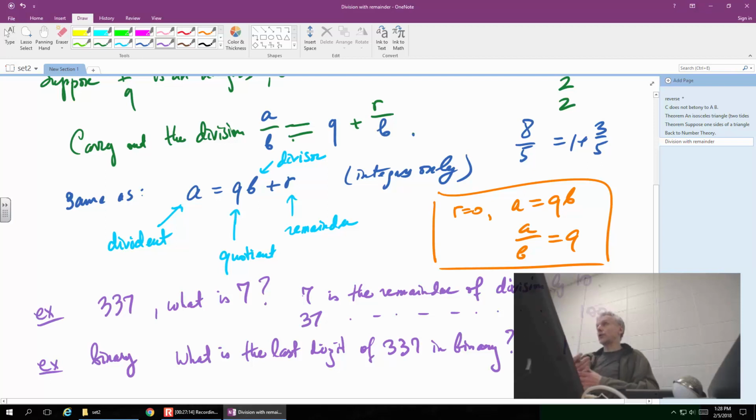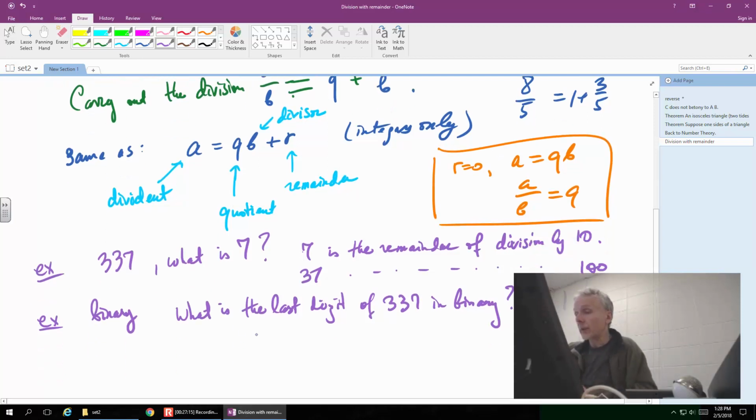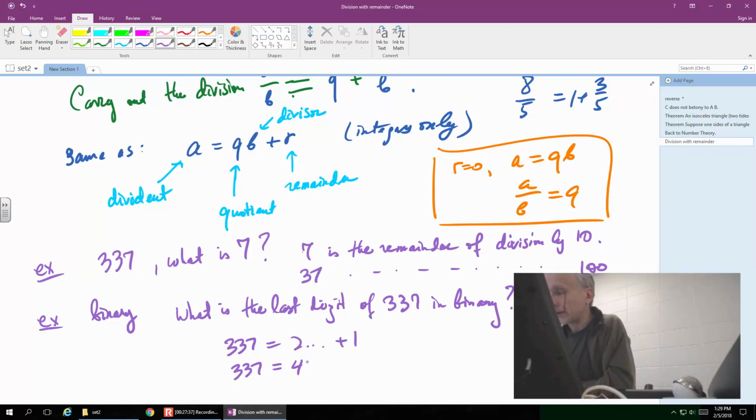So you divide 337 by 2, and it will be 2 times whatever number we don't know plus 1. That 1 is what's left. Then what is the next digit? You divide 337 by 4, and whatever is left goes into the next digit. We'll look into that later.